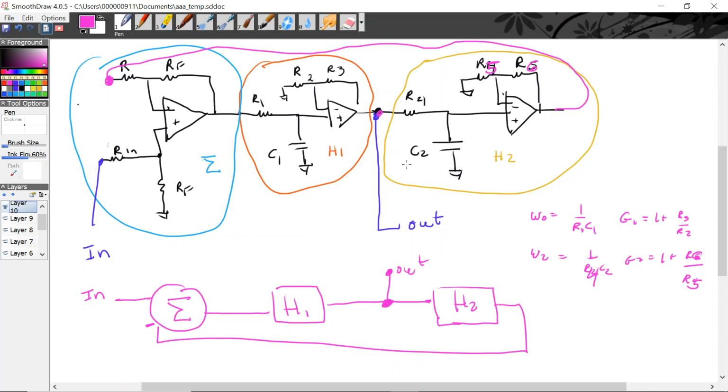So my gain 1, whatever that should be, is just 1 plus R3 over R2. So you need to know two resistors, but you've only got one equation. You can solve for R2 or R3, but you're going to have to choose one.